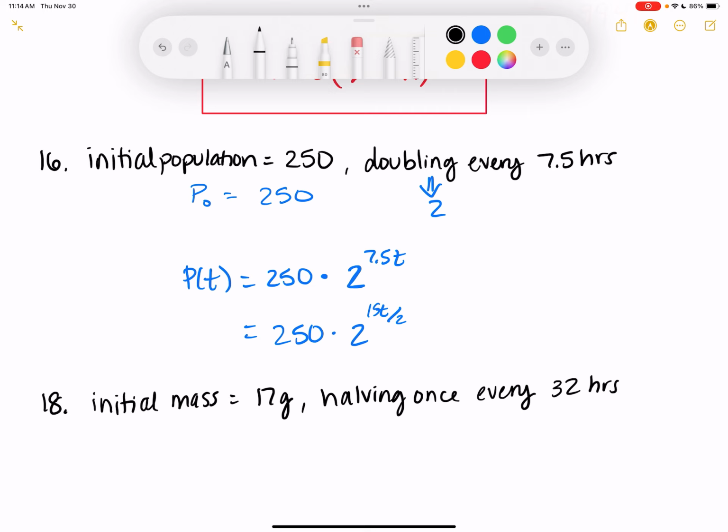Hold on a second, I need to look at something. I think I might have actually done the last one backwards, so I'm trying to look at something really fast.